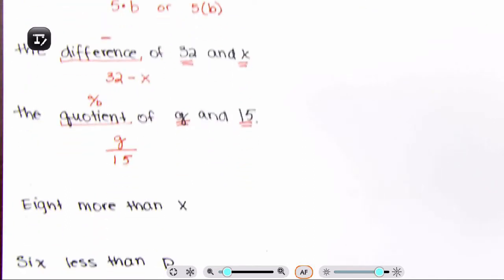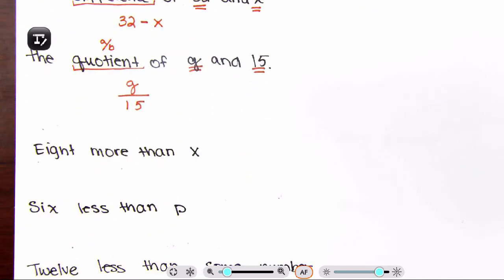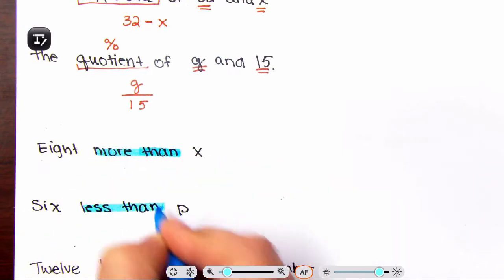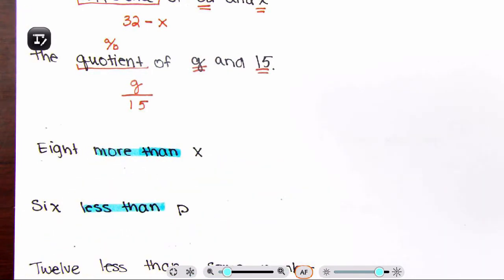Hopefully these are not too bad, but let's go ahead and do some more complicated ones. More than, 8 more than. Alert, alert, you should have a red flag waving anytime you see than. Anytime you see than, you have to switch the order, okay?